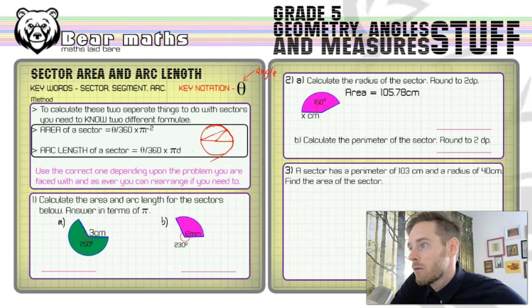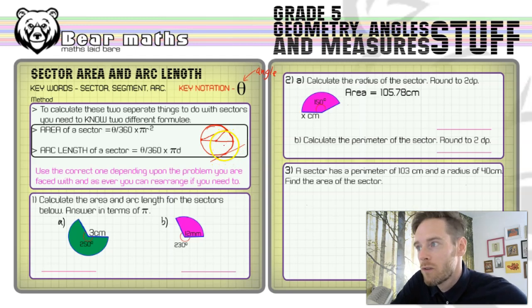We've spoken about it before, which is just a line that hits the circle at one point and then goes off in the same direction. They're all the parts of the circle you need to know the names of, because you might get tested on them. Useful to know in this topic as well. Not all of those are useful, but lots of them are, so we'll refer to them throughout.